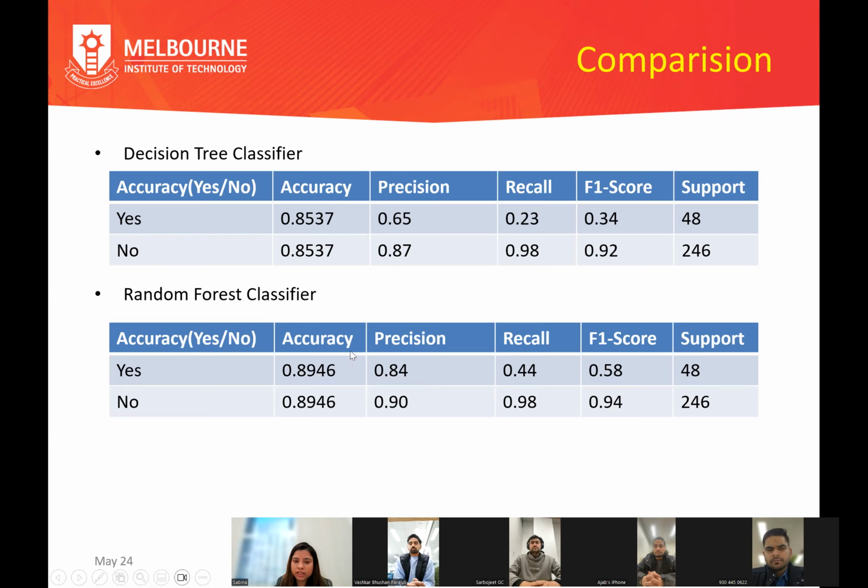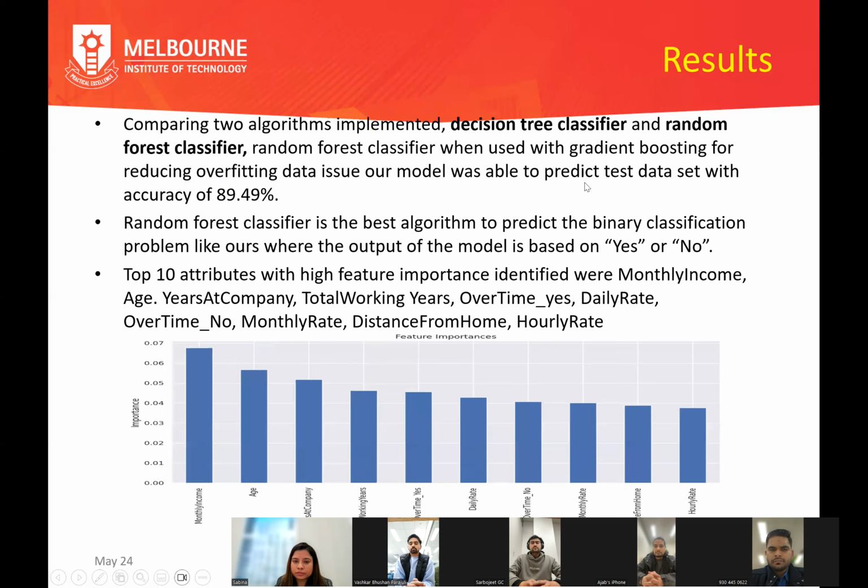So we found that random forest classifier was the best approach for us. For the enhancement of our model, we have used different techniques like gradient boosting, which reduces the overfitting of our data, so that the model does not get overly fitted to the training data provided. So it will be able to provide more accurate results.